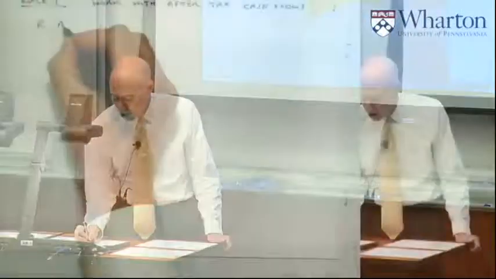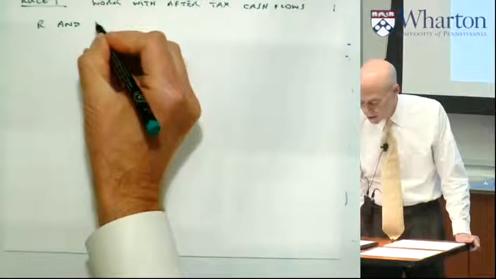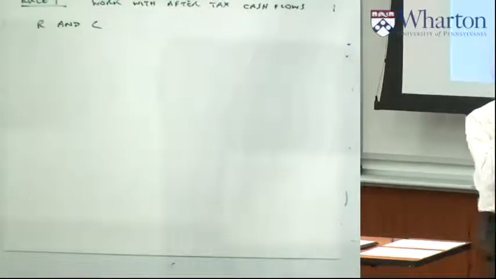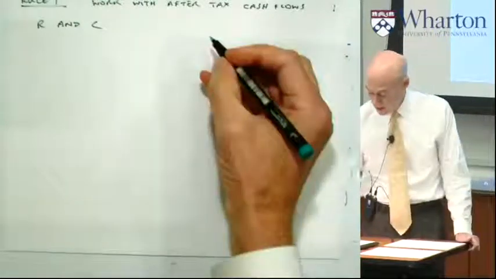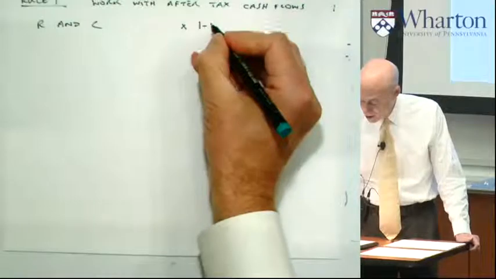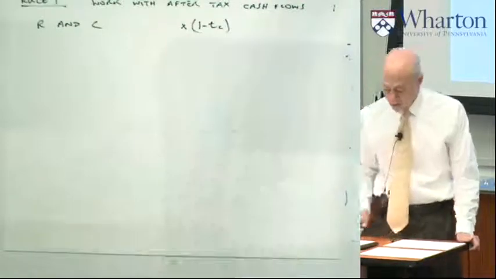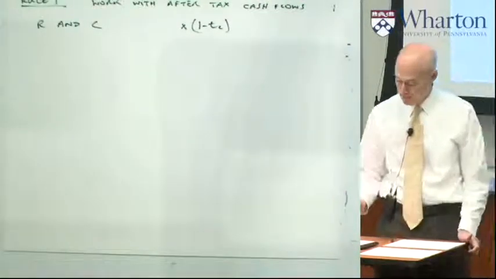And similarly for costs, because costs are tax deductible, you get lower after-tax costs in effect. And so what we're going to do is multiply by 1 minus TC.